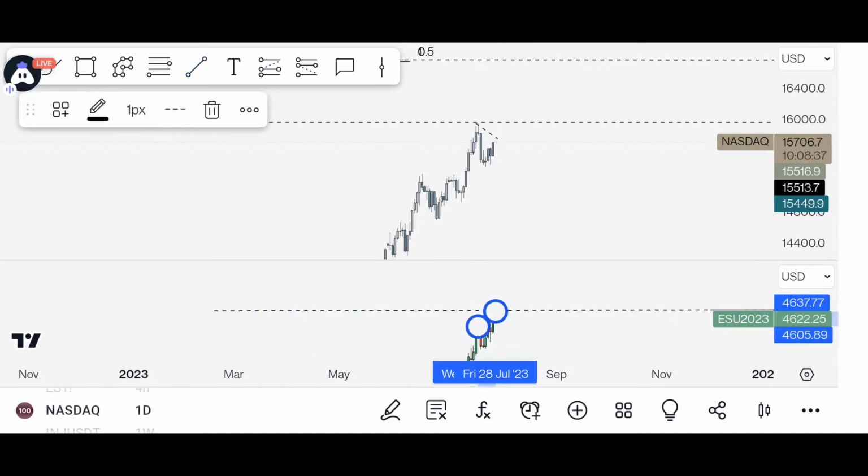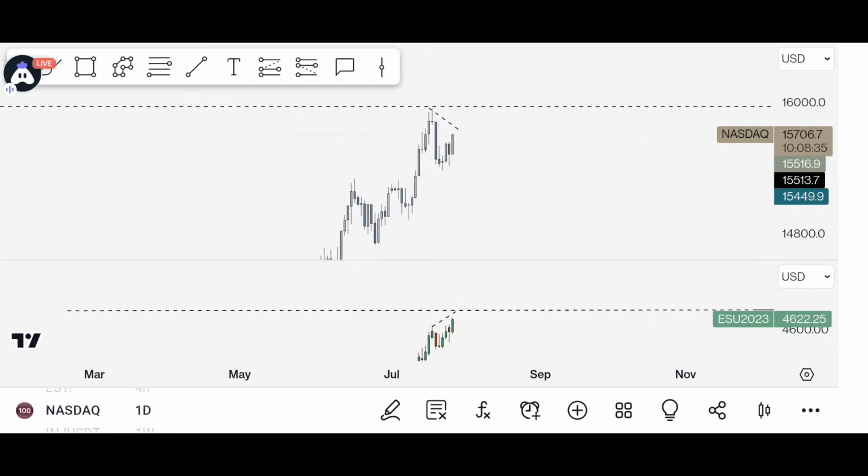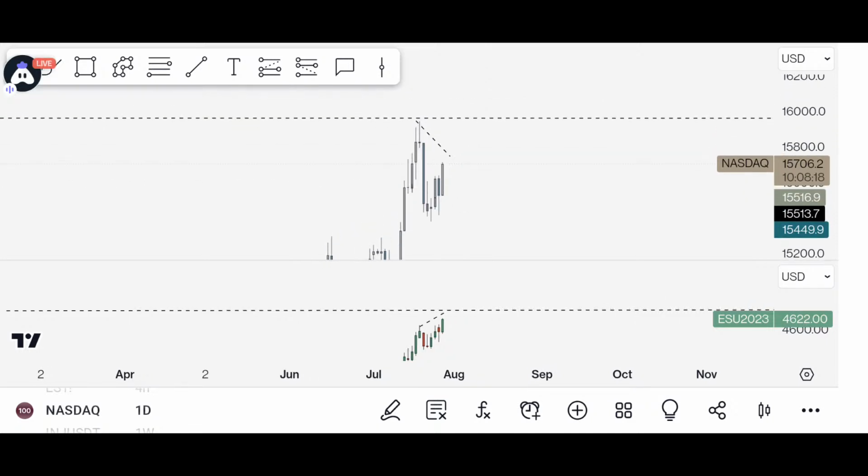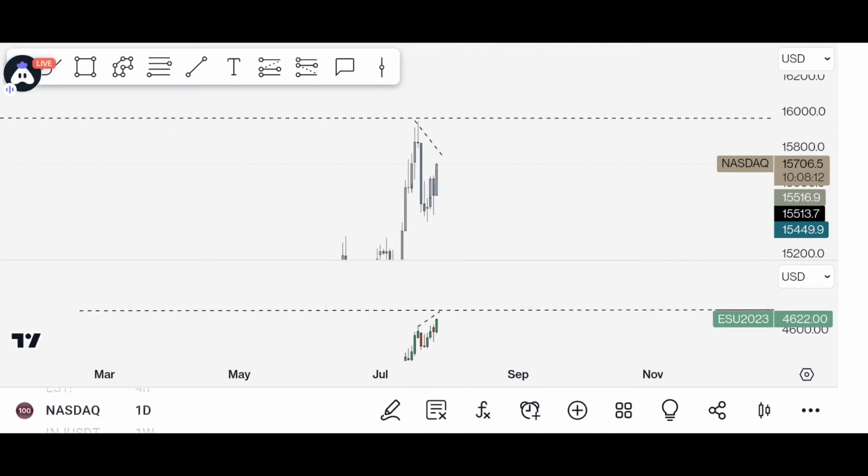As long as there is this divergence, things are bearish, but we have to wait for an order block, and for the order block I will wait for the ES to go above this discount zone into the premium. So once the ES goes into the premium and the Nasdaq stays in the discount, and then if we get an order block, that will be your signal to short.